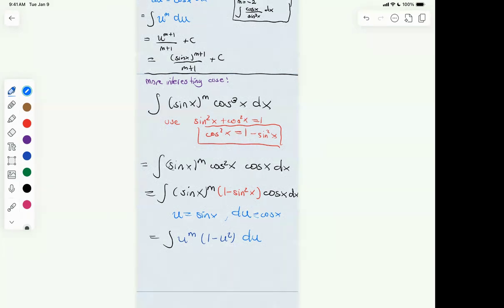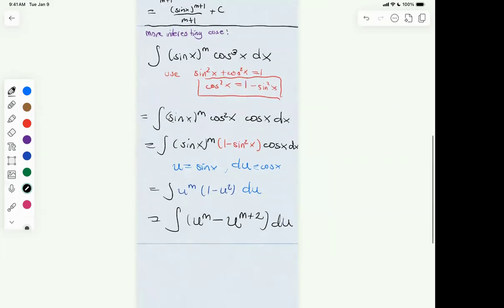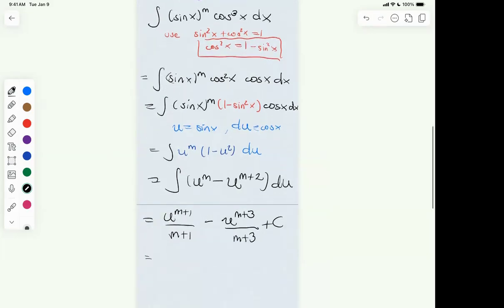And then how do you integrate that? I mean, the easiest thing is to multiply first, to distribute. So you can think of this as the integral of u to the m minus u to the m plus 2 du. And each of these is separately easy to integrate, this is the usual power rule. So that's u to the m plus 1 over m plus 1 minus u to the m plus 3 over m plus 3 plus a constant of integration, and then you just use the fact that u was sine of x.